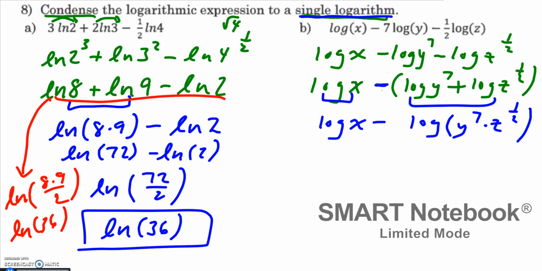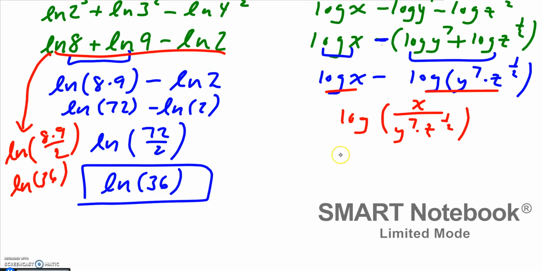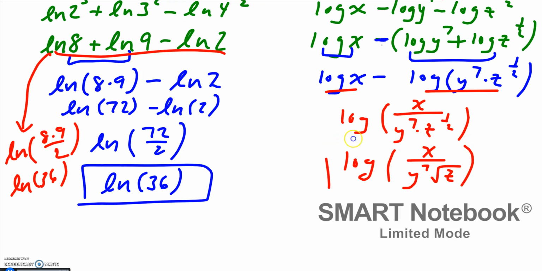And now that I have a log minus another log, I know that it's one single log with the x in the numerator and the y to the 7th times z to the 1/2 in the denominator. So this is a single log, so it seems like this could be the final answer, but a lot of the times you see the final answer written as this instead, x over y to the 7th square root of z. To completely condense it, a lot of the times the 1/2 has changed it back to the square root. So this would be my answer for part B.